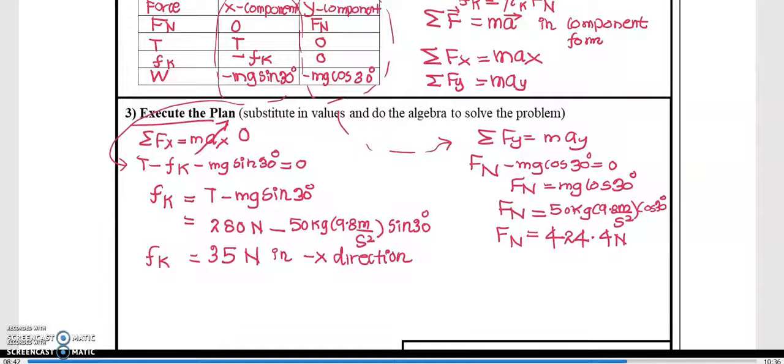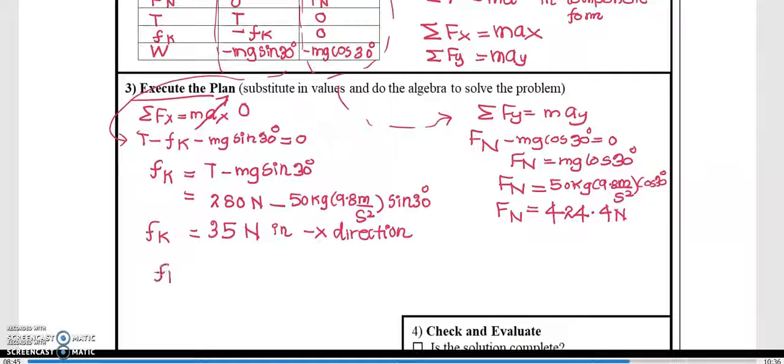And then I'm going to use Fk, kinetic friction is equal to coefficient of kinetic friction times the normal force. And I'm going to use this and solve for mu k. I'm going to separate it and mu k is equal to kinetic friction divided by the normal force. I have solved for the kinetic friction. I got 35 newtons.